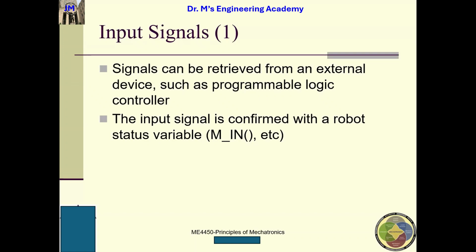Signals can be retrieved from an external device, such as a programmable logic controller. Frank and I plan to connect the PLC with the industrial robots to do something fancy. If you are interested, let me know, okay? The input signal is confirmed with the robot status variable, for example, I_M_in. This is for bit, right? You guys still remember?